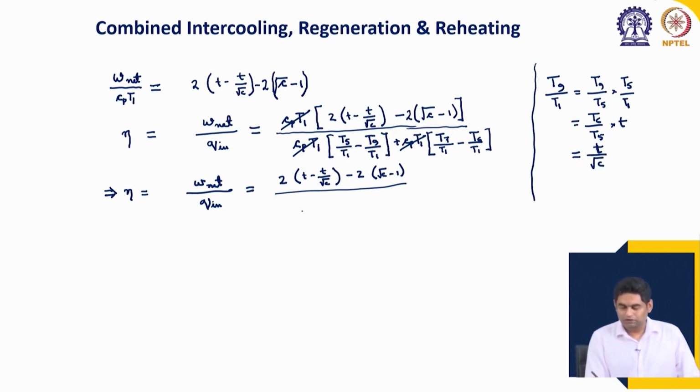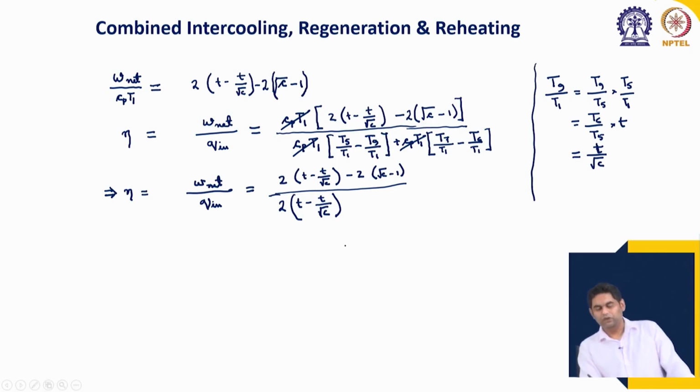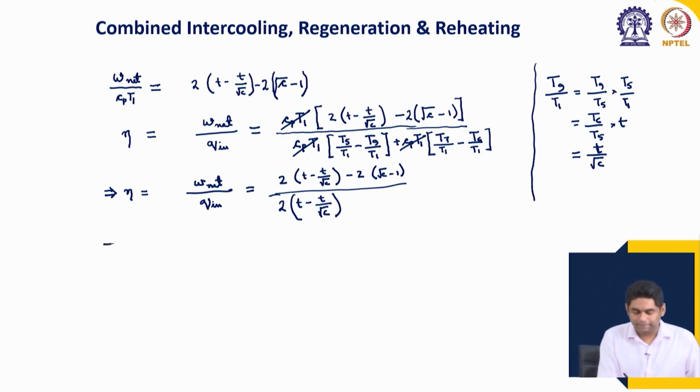So, this Q in is then t minus t by root C. The second term also will yield the same value, because T7 and T5 are equal, T6 and T9 are equal. So, we have 2 times of this, which then gives us, in this case finally some simplification is possible to the expression.